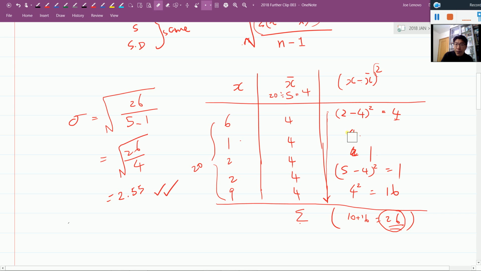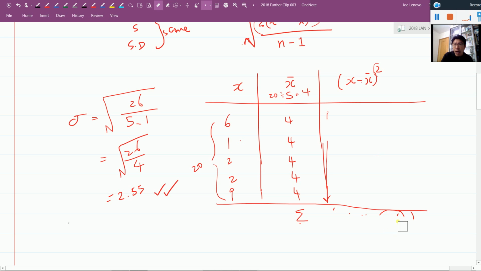So even though I have the same mean, because the data are different from the very first set, let's see how that changes the standard deviation. First one, 6 minus 4 is still 2. 2 squared equals 4. 1 minus 4 equals negative 3.